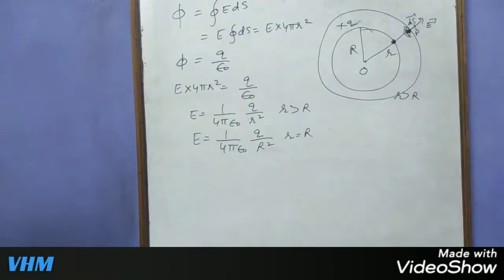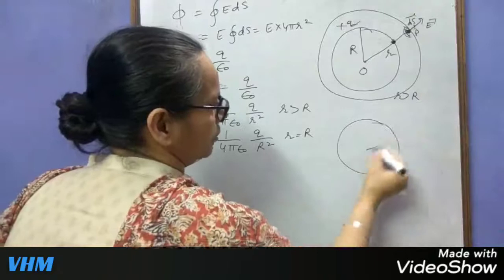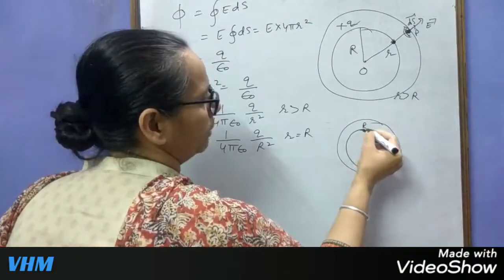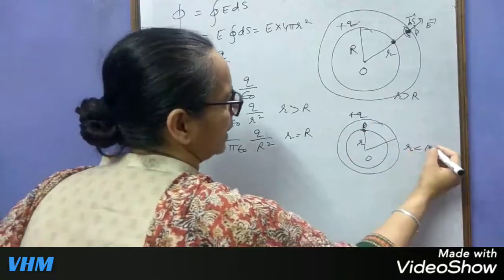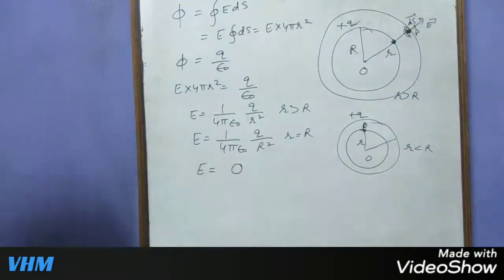And if the point lies inside the shell, with center O, the observation point P, and the charge on the shell, here r is less than R. Then the electric field becomes 0, because the charge remains outside the Gaussian surface, and the Gaussian surface encloses 0 charge. It means there is no electric field inside this spherical shell.